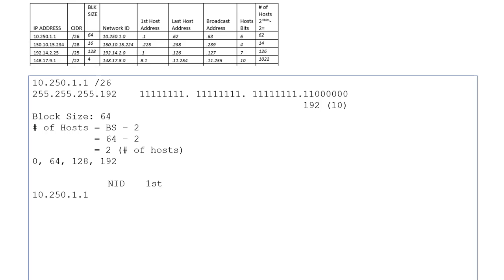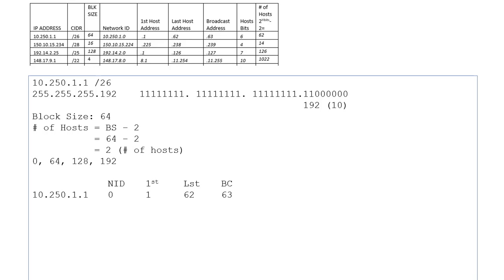My first, my last, and my broadcast. So the network ID here is a 0. The first address is going to be a 1. The last address is going to be 62. And the broadcast is going to be 63. Okay?